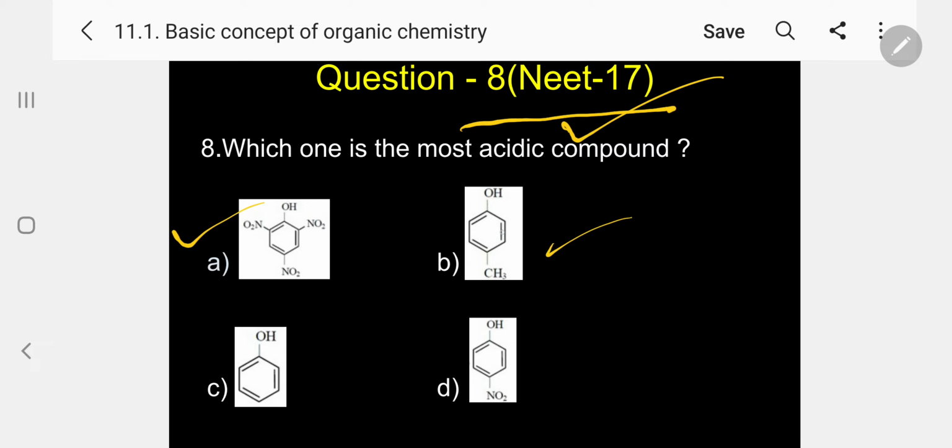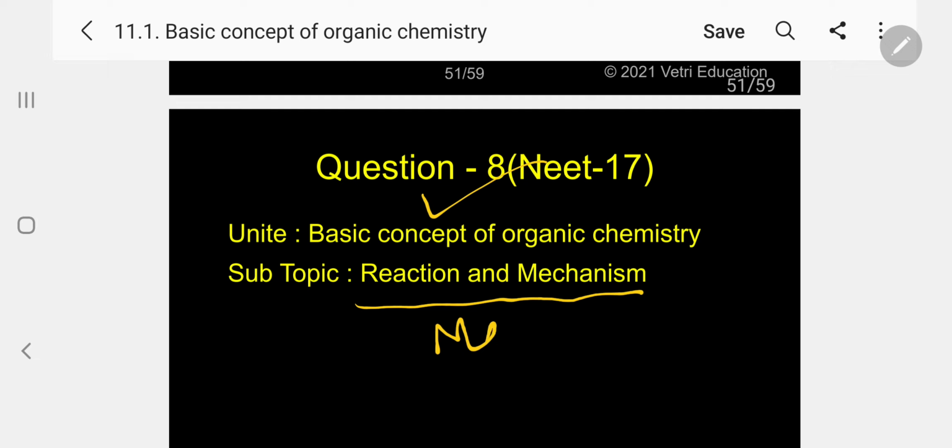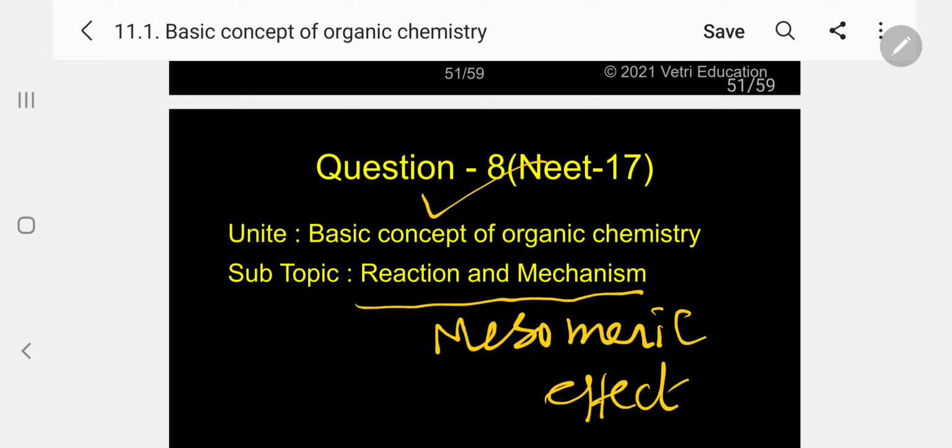B: para-methylphenol. C: phenol. D: para-nitrophenol. Which is more acidic? The question is again under the basic concept of chemistry, specifically reaction and mechanism, that is under the mesomeric effect. The mesomeric effect is applicable for aromatic compounds.